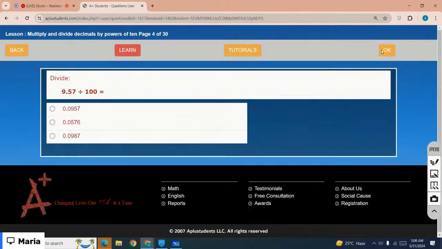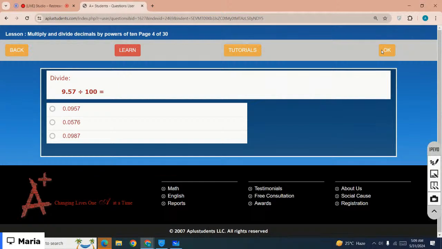Okay, the next is 9.57 divided by 100. So which is the correct option? 9.57 divided by 100. You have two zeros, so you need to move the decimal point two places left.